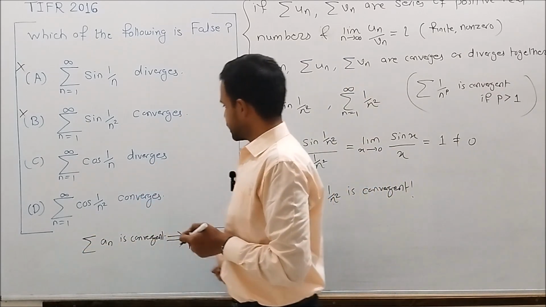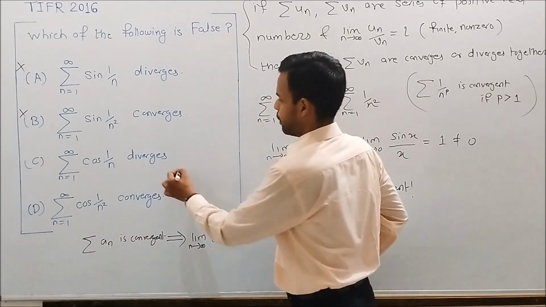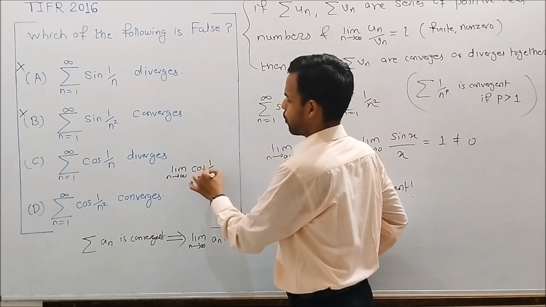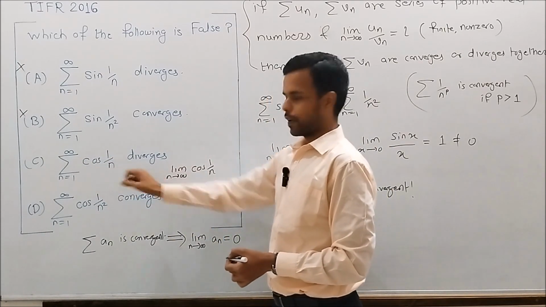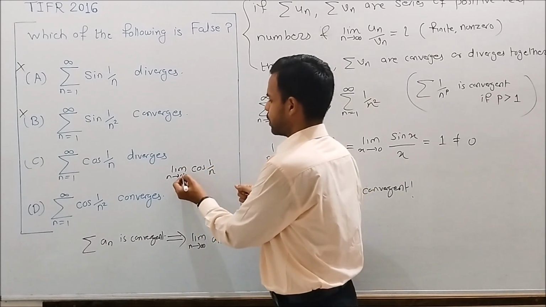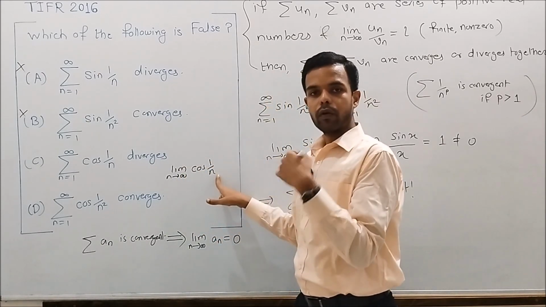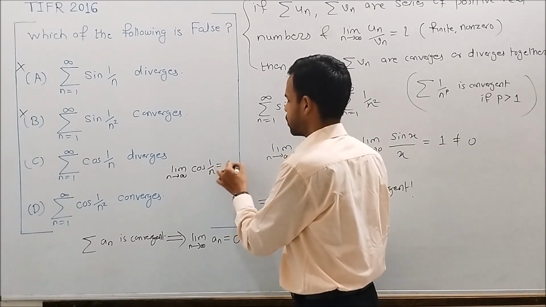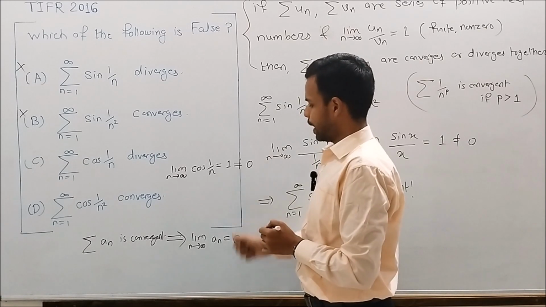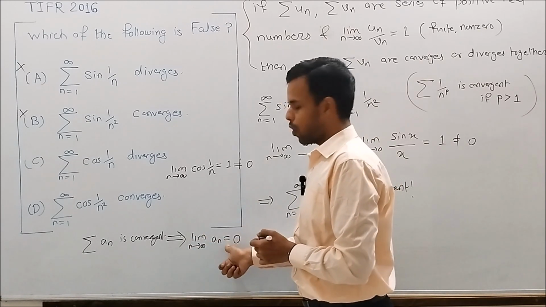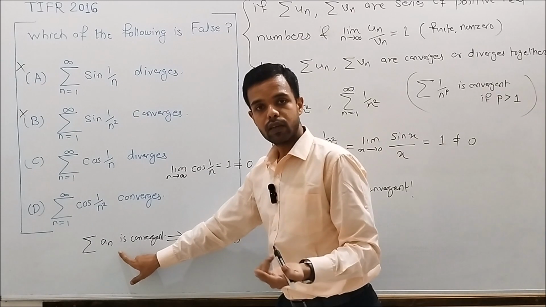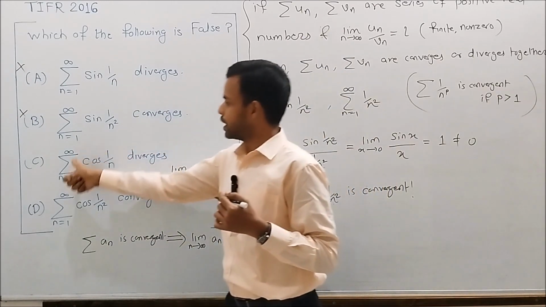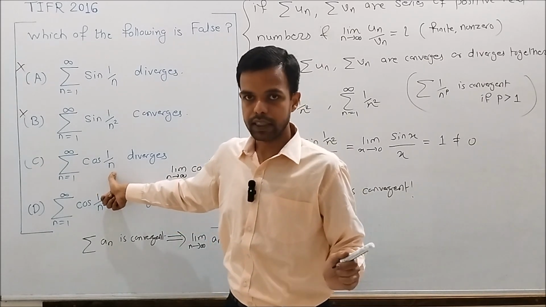Now let's consider this limit for option C: the limit as n tends to infinity of cos of 1 upon n. As n tends to infinity, 1 upon n goes to 0, so this is cos 0, which is 1, non-zero. As this limit is not equal to 0, the series cannot be convergent.